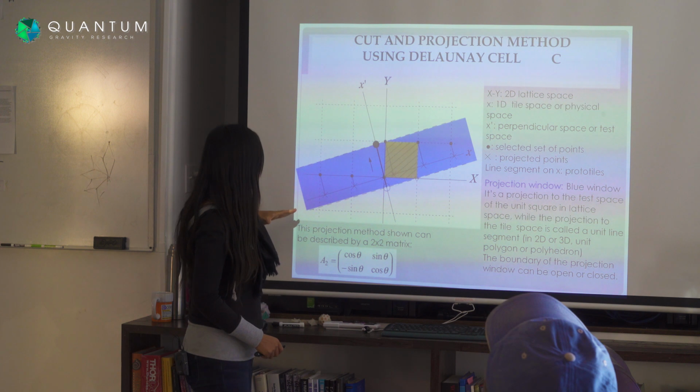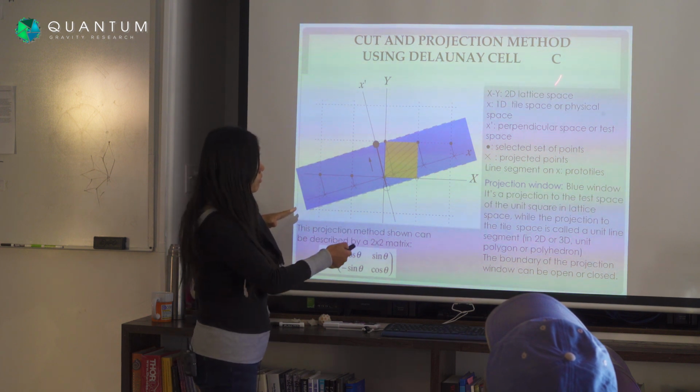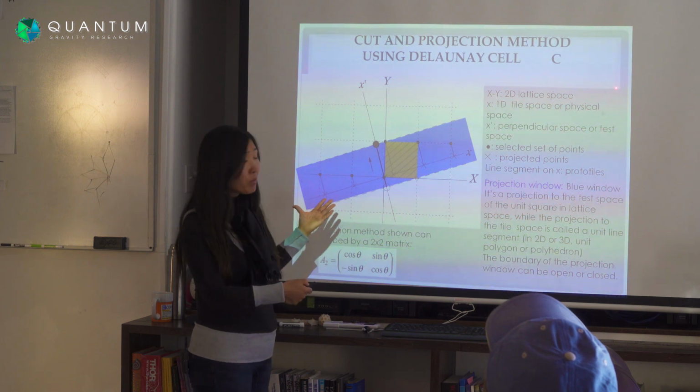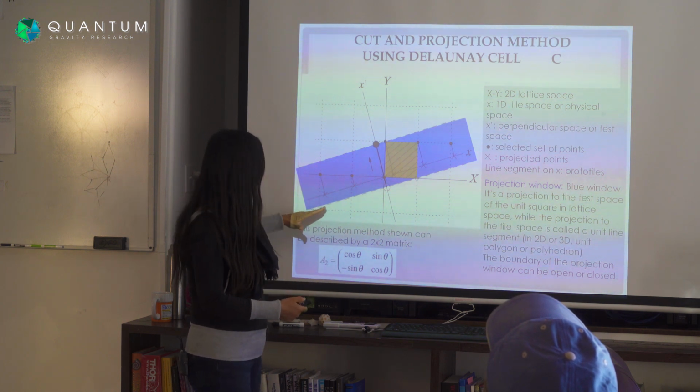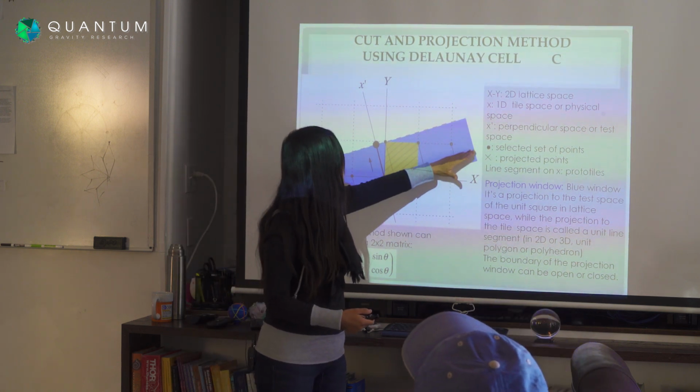Then we select a physical space. People call it the physical space, or you can call it the projection space in some papers, which is the space in this direction. We select in this X direction.